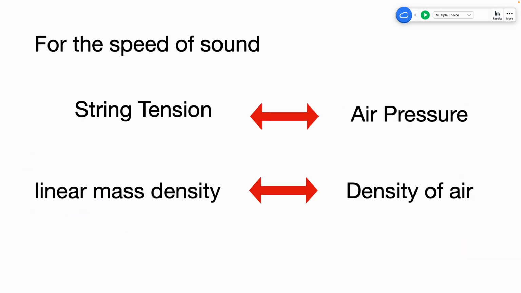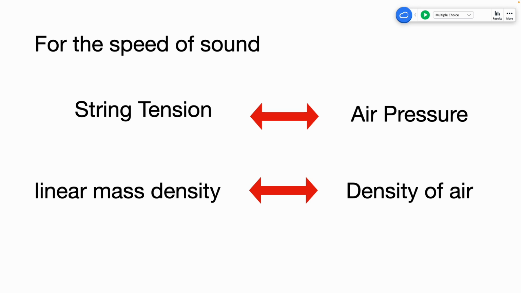All right, so let's look at some other type of wave. Sound is a type of wave. We won't focus too much on sound, but you should know the tendency. For sound, it's not a string, but in general, you should have a feeling that some kind of force is pulling the particle back to the equilibrium position. So some kind of force should play a role in the speed of wave, no matter what wave it is.